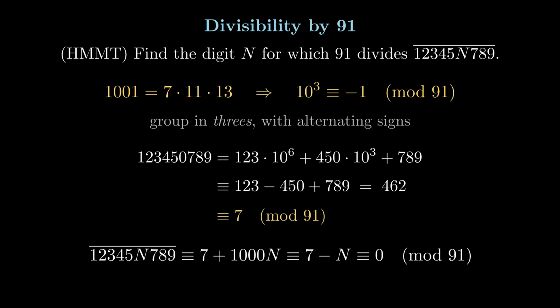It sits in the thousands place, and 1000 is minus 1 modulo 91. So the number is congruent to 7 minus n modulo 91, which must be equal to 0. Therefore, n is equal to 7. Using this one mod fact, the 9-digit number was quickly reduced modulo 91.